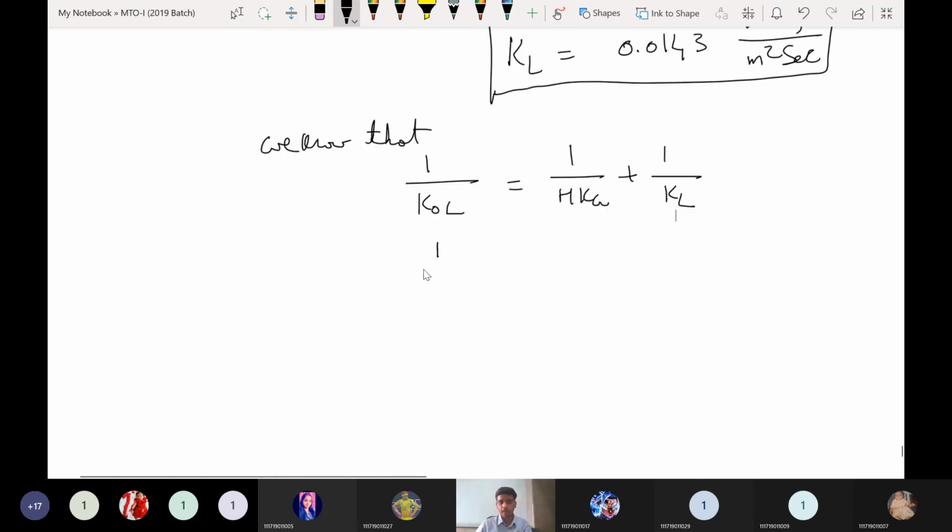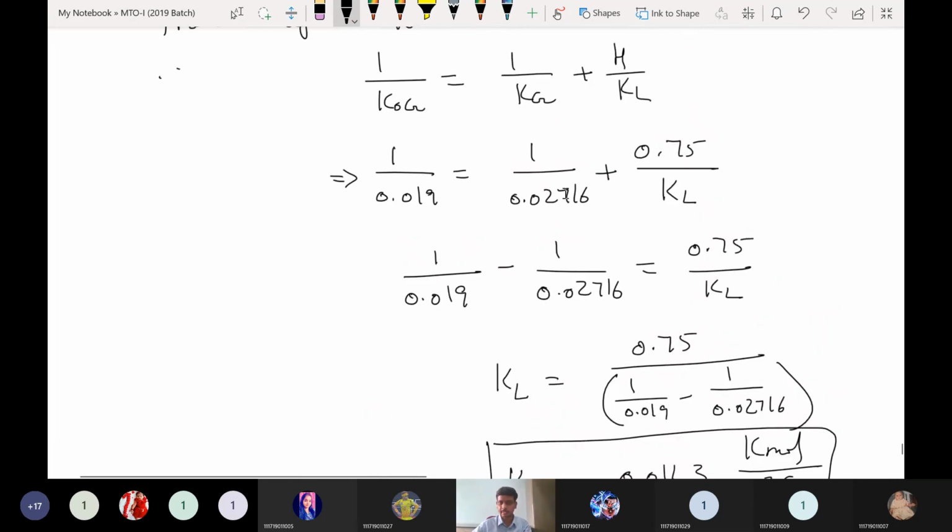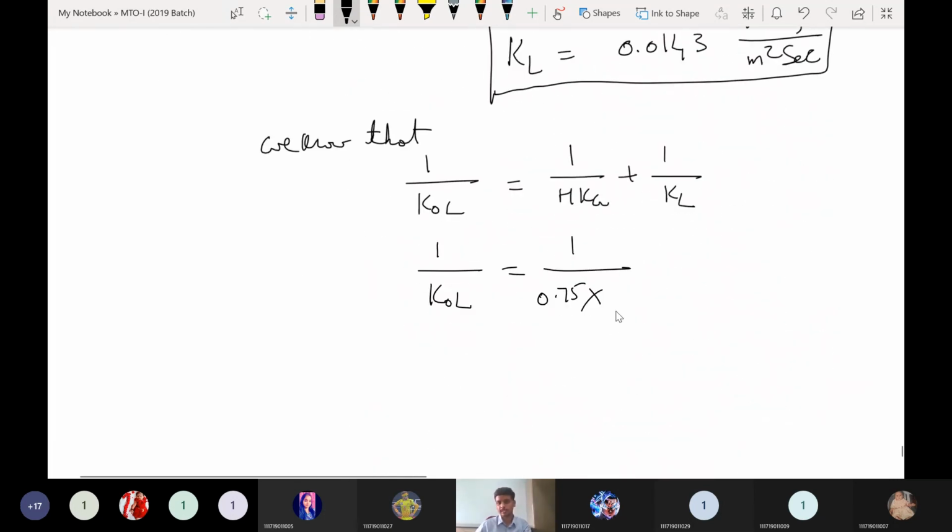So 1 by KOL is equal to 1 by H, which is 0.75, times kg, 0.02716, plus 1 by KL, which we just found, 0.143.